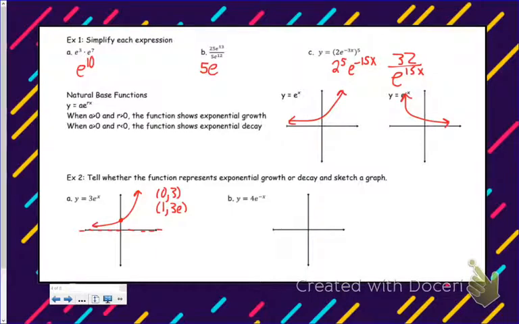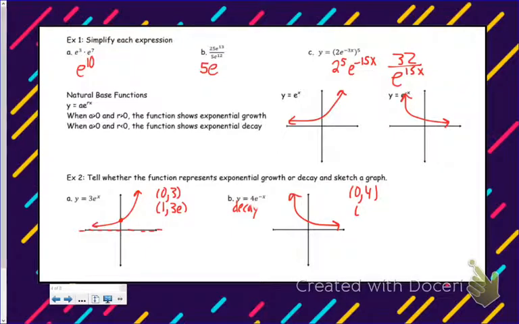And then 4e to the negative x, that is going to show decay. Okay, because again, negative exponent is going to make our graph go in the opposite direction. So again, this graph is still going to go through 0, 4. That's still my initial amount. Okay, but again, this time it's showing decay.